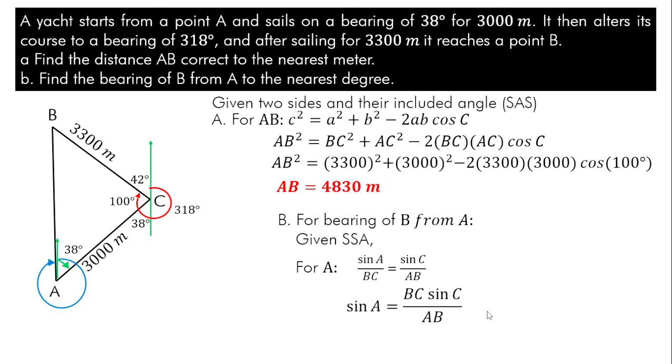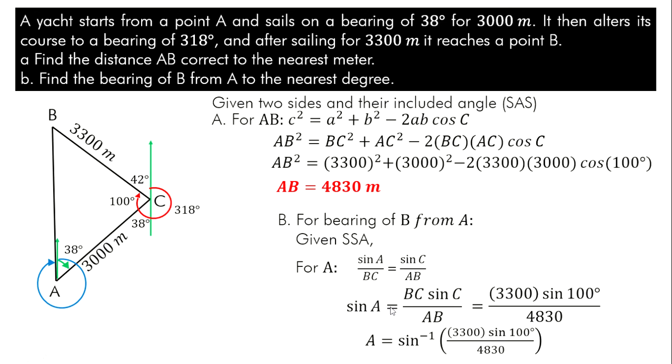Substituting the given, we obtain 3,300 times sine 100 degrees all over 4,830. Since we are after angle A, we take the sine inverse of 3,300 times sine 100 degrees all over 4,830, and we obtain 42.29 degrees.